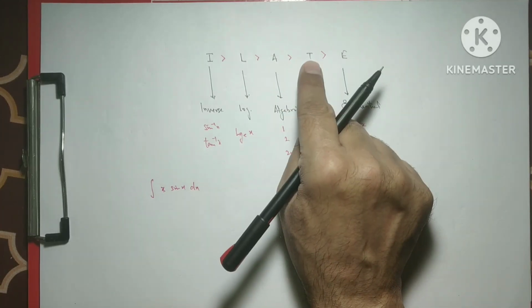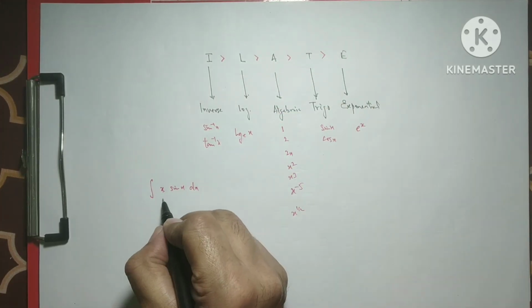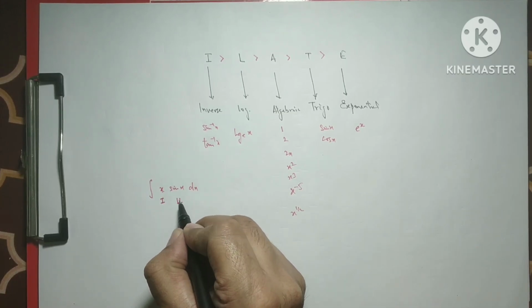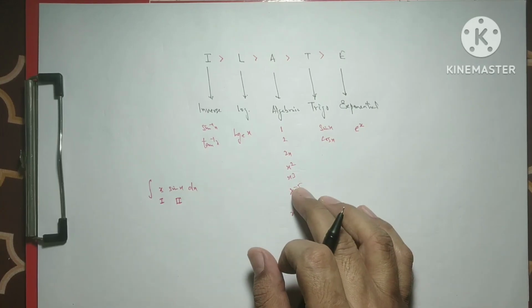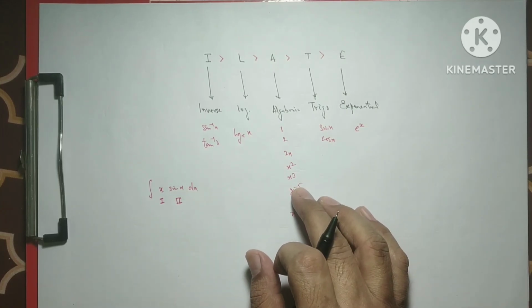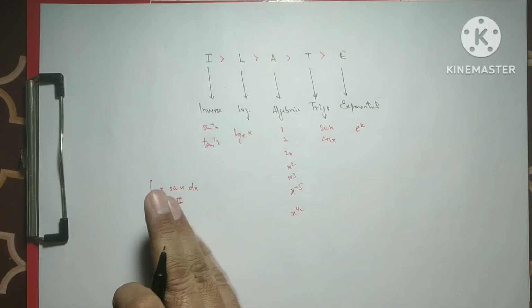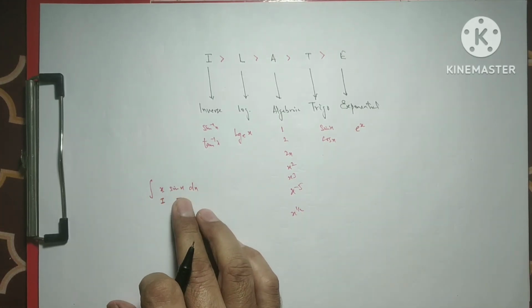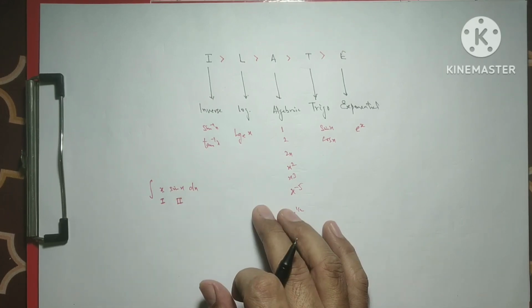According to this priority order, algebraic should be first. So if we consider x as the first function and sin x as the second function, then the by parts method will be beneficial and you get a final result. But if you change this order, with sin x as the first function and x as the second function, then it will never be completed.